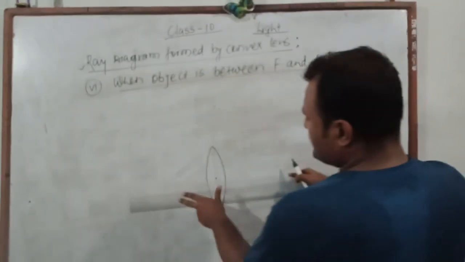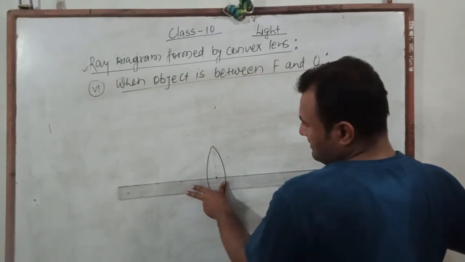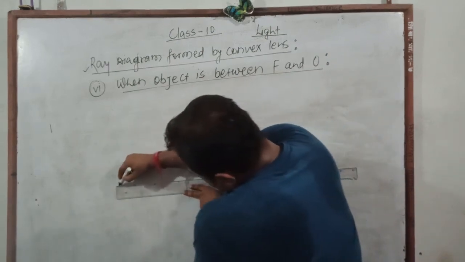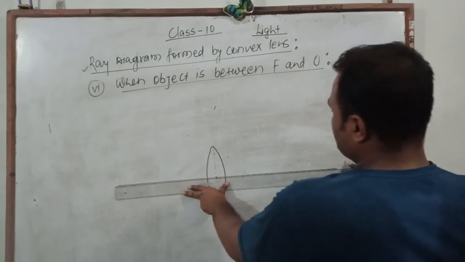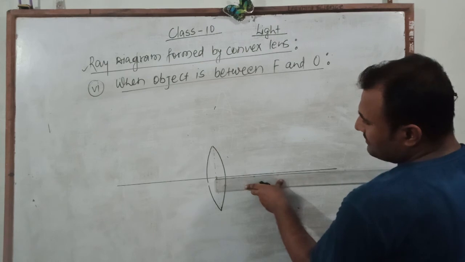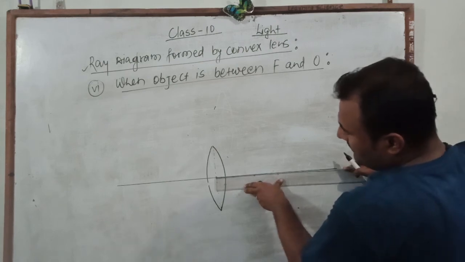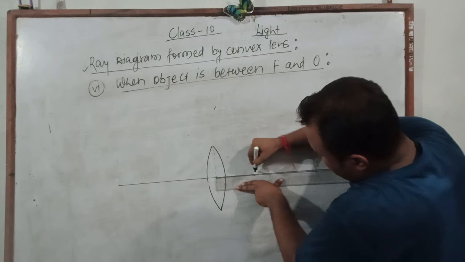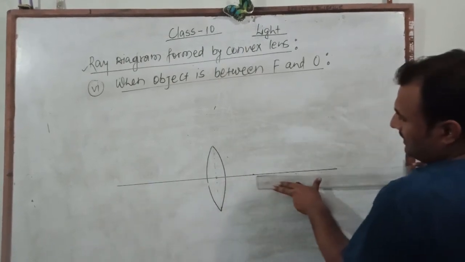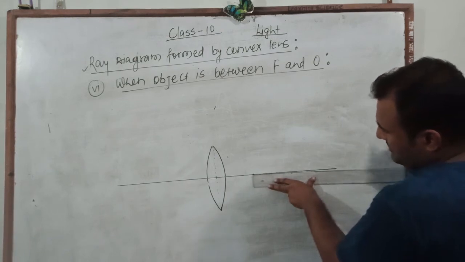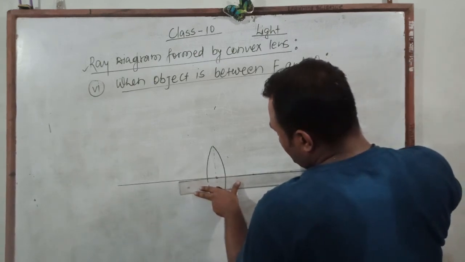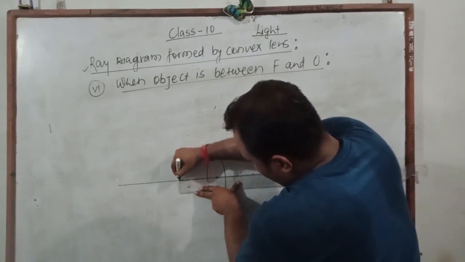With the help of a scale, as previously, we draw the principal axis, a straight line passing through the optical center. Then we measure the length from the optical center to 2 centimeter right, which is called F. Again 2 centimeter, which is called 2F. In the same way on the left also F.